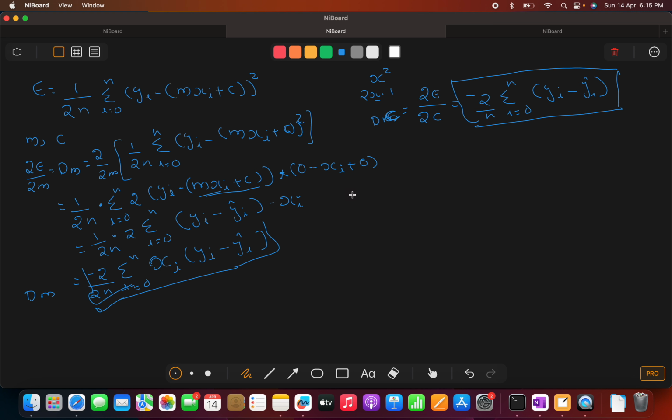Now what we need to do, we need to update this m and c. Okay, so what is the updation formula? That is m is equal to m minus l into dm. Okay, for c this will be c minus l into dc. Okay, so this l is called the learning rate.